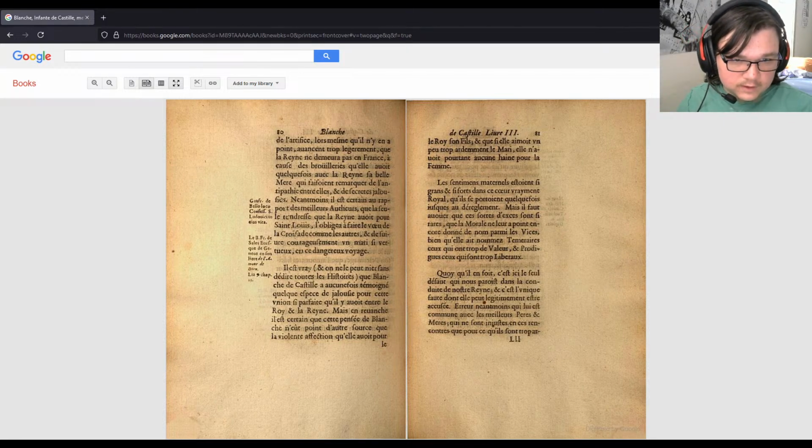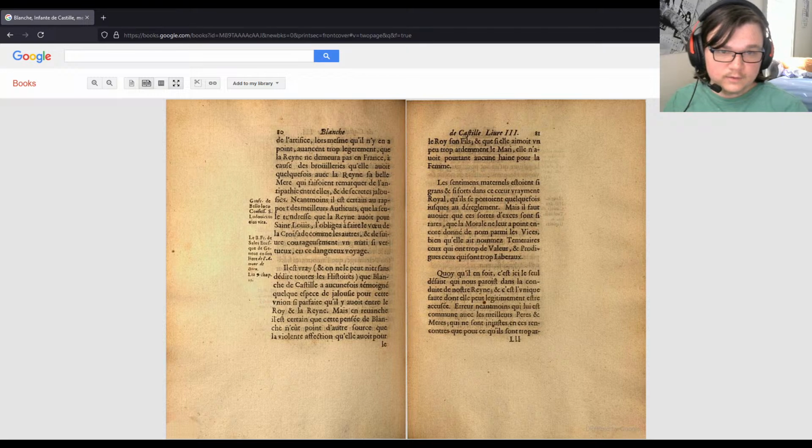These maternal feelings were so big and so strong that in this truly royal heart, they carry with them sometimes something of dérèglement. I don't know what that means.